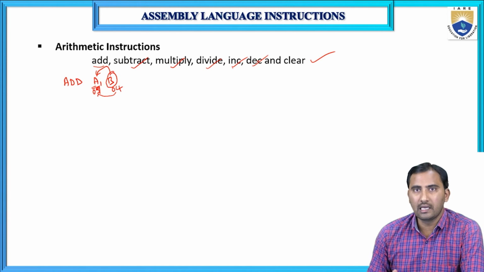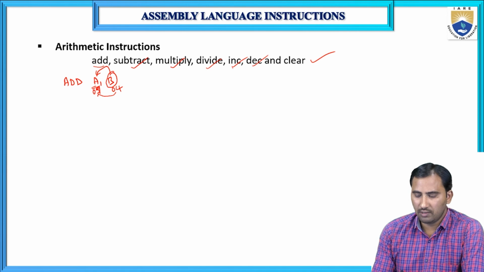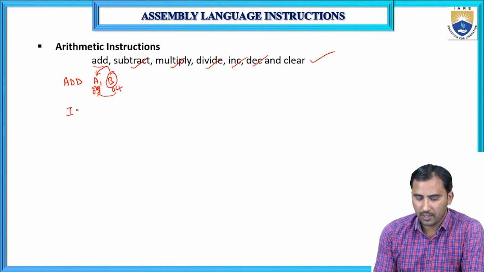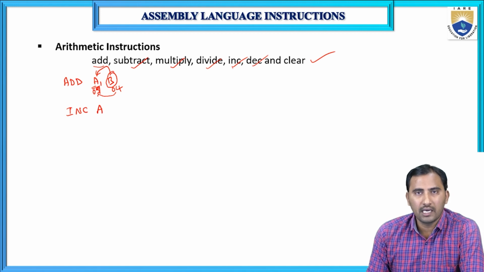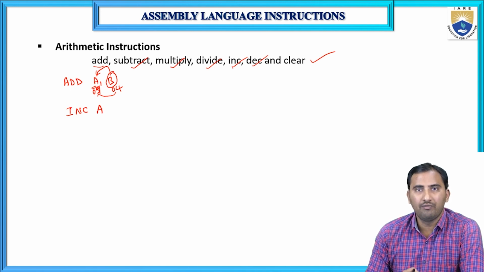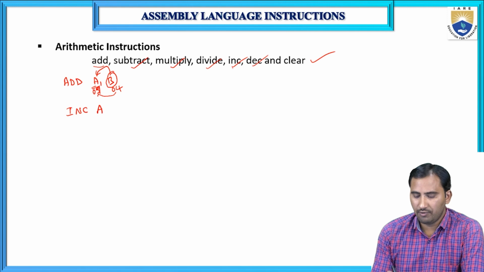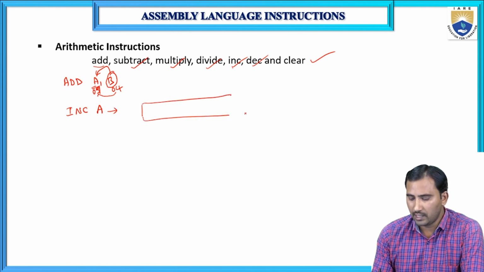Increment and decrement. Whenever the increment instruction is executed, the contents of the register will be incremented by 1. Suppose you take the example INCREMENT A. That means we are incrementing the value of the A register.